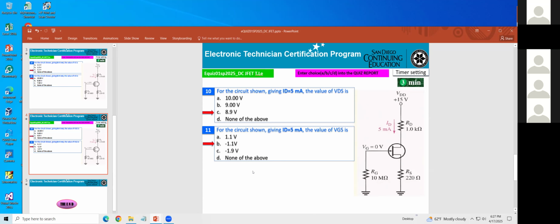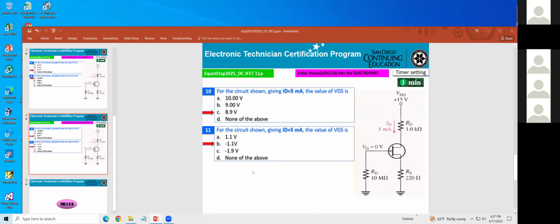Basics from a diode, bipolar transistor amplifier also, and the operational amplifier. That means inverting amplifier, non-inverting, follower, summing amplifier.